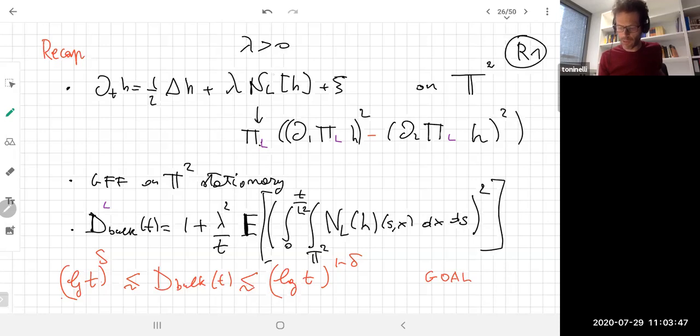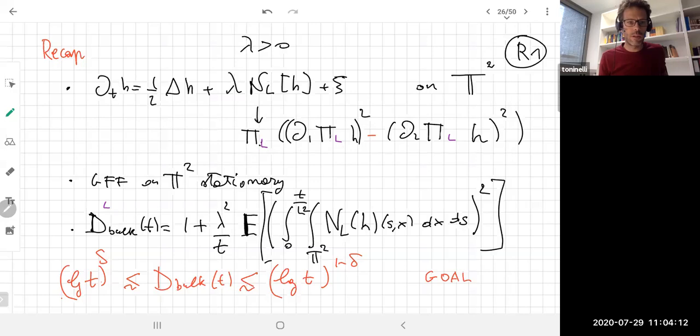Okay, and then there is this nonlinear term that I denote NL of h, which is defined as follows. Formally it would be defined as the derivative of h with respect to x squared minus the derivative of h with respect to y squared. This is what D1 and D2 mean, except that you have to regularize this term, and the way you do it is in Fourier space.